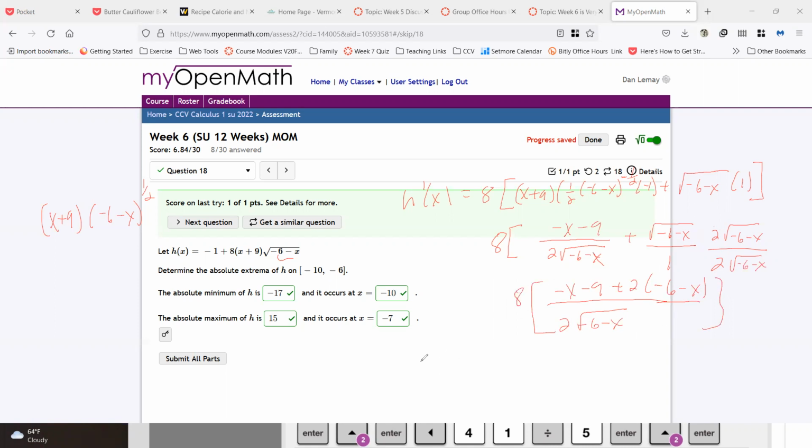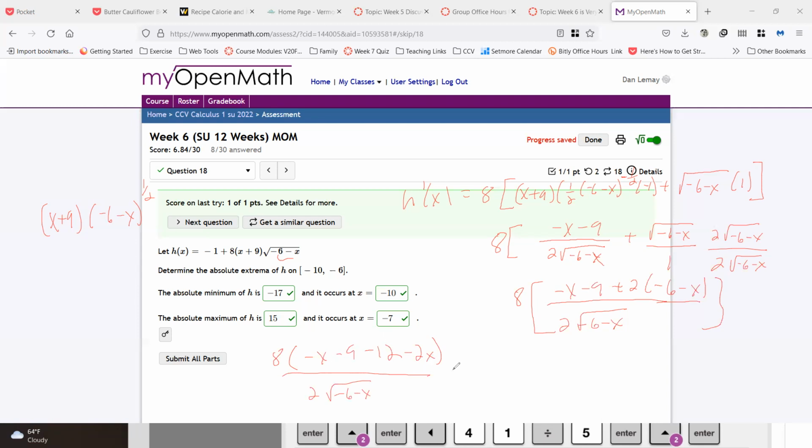So then on the inside, I'm going to collect some like terms. I've got 8 times, and that's 8 over 1, so I'm just going to stick with the numerator, negative x minus 9 minus 12 minus 2x, right? All over that common denominator, 2 square roots of negative 6 minus x.